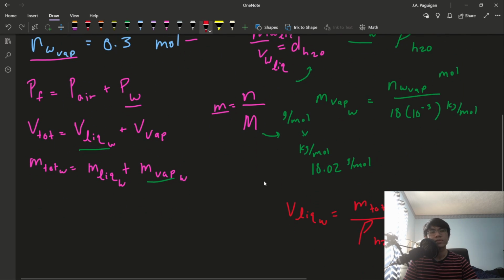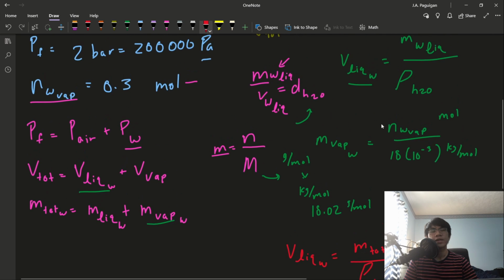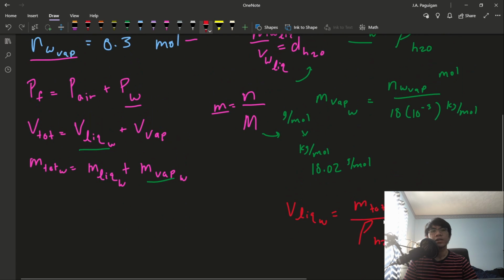Okay, that's that. Can we break this down? I'm not sure if we want to just yet. You could also plug in the same thing for vapor, but this time in liquid. But it'd kind of be doing the same thing over here, which isn't exactly what we want, because as you know, if you start plugging in substitutions of the same equation into another equation in the same system, you're going to get the same variables and relationships.